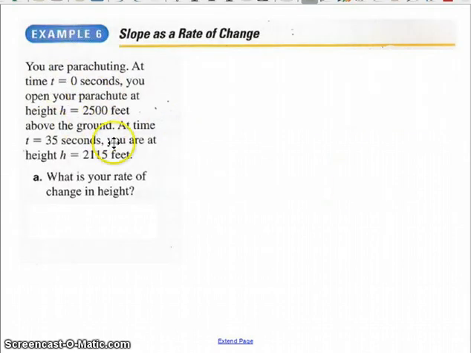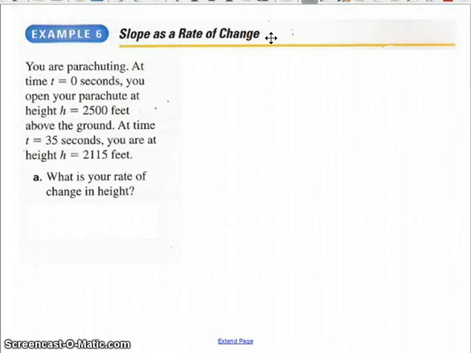Let's see how we can use slope in this word problem. Very important what they say here, and I wish the textbook made a bigger point of talking about this. Slope is the same thing as the rate of change in any kind of story. So for example, back early in the year we talked about the idea that you keep coming back into your kitchen and more cheeseburgers have disappeared from the plate.